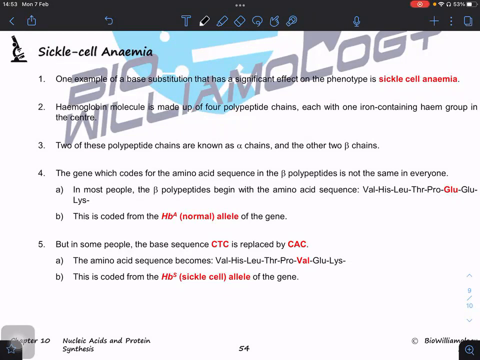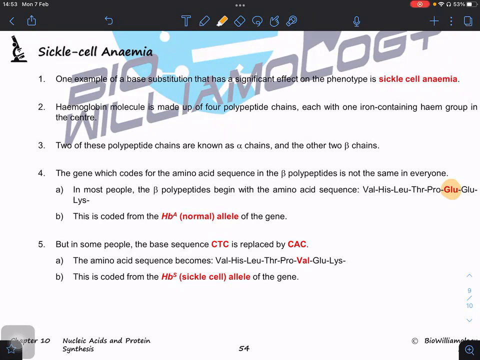But at the beta polypeptide chain there is a change. For the normal or wild type, at the 6th position, highlight guys, it's a glutamic acid. This glutamic acid is hydrophilic, so it maintains the solubility of the hemoglobin.